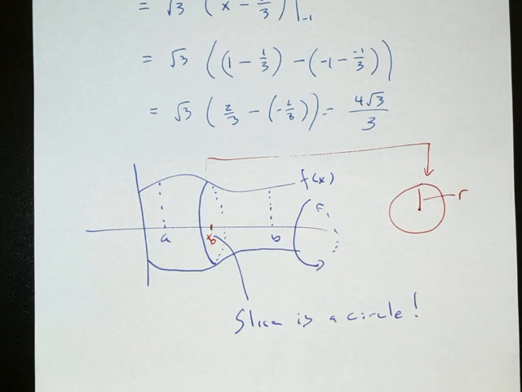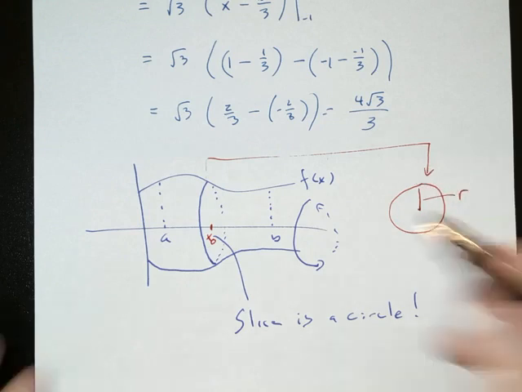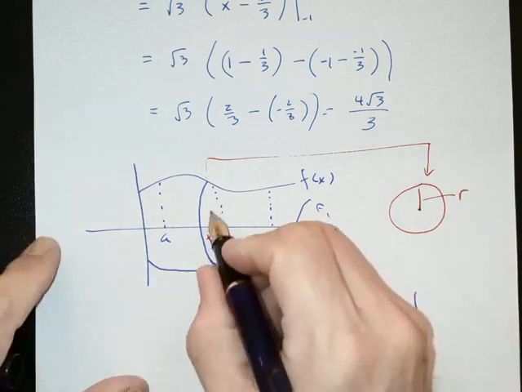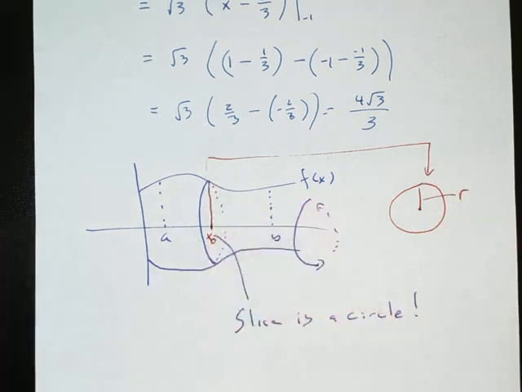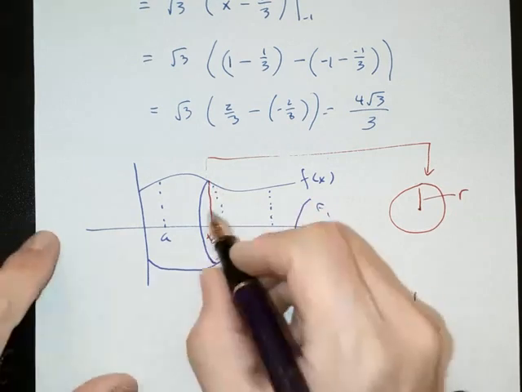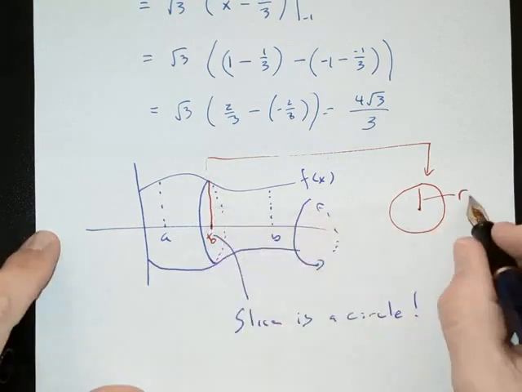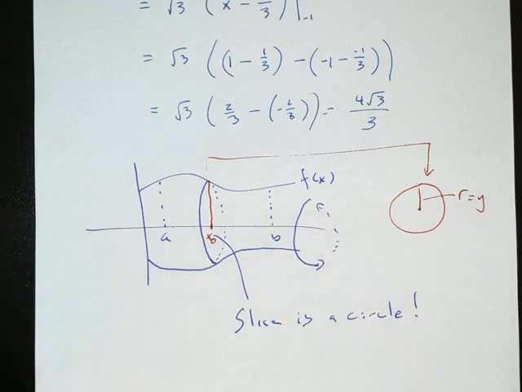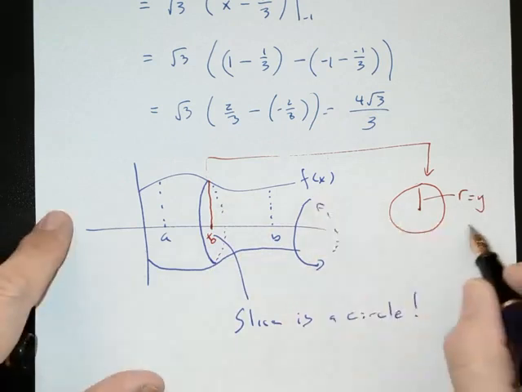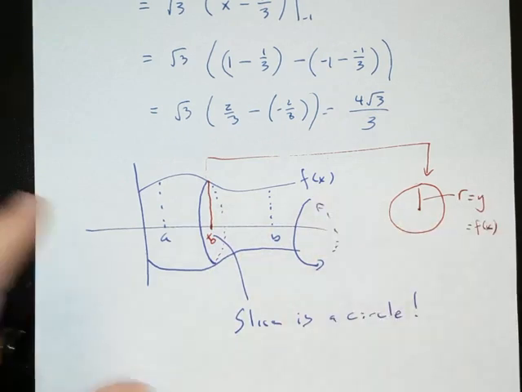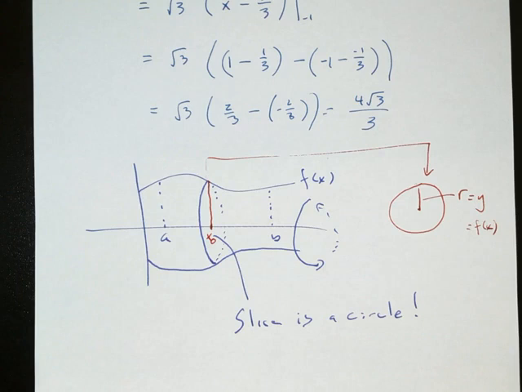Corresponding y value. This stick goes from our center point up to where we hit the curve, which makes the radius, the y value, given by our function. Which means I now have an area for this slice.